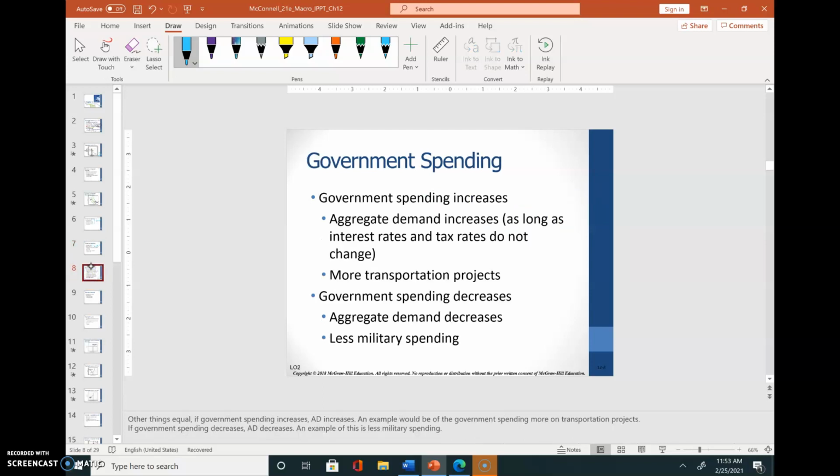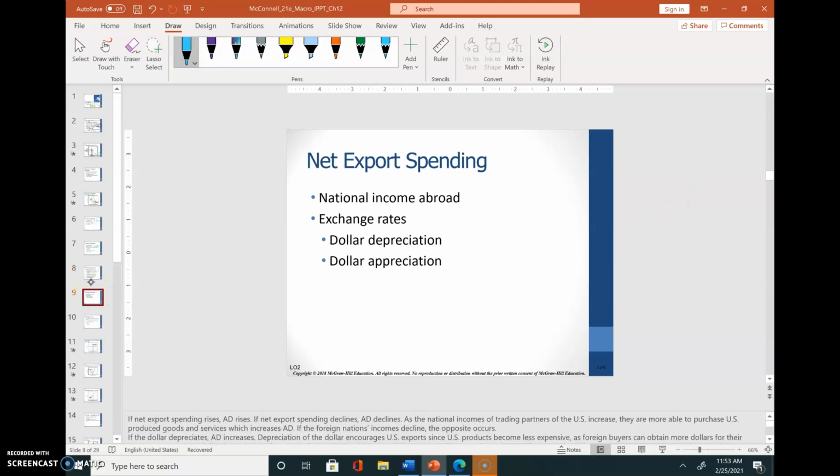Okay, now then we have government spending. Definitely if this increases, aggregate demand will shift to the right. Then we have net export spending. If national income abroad increases, aggregate demand shifts to the right. Exchange rate: if the US dollar depreciates or goes down in value, US goods are cheaper compared to foreign goods.